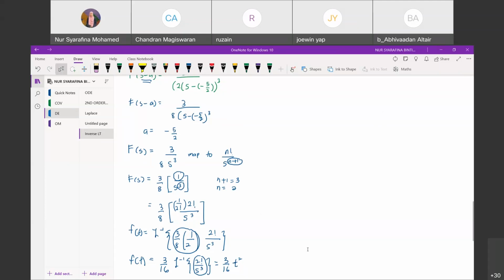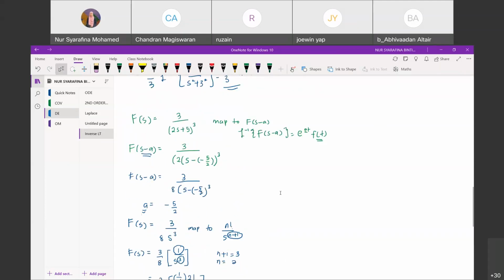Right? So you got your f(t) already. And you know what is your a. So back to the first step again. Then inverse transform of 2 over 3 over 2s plus 5 cubed.